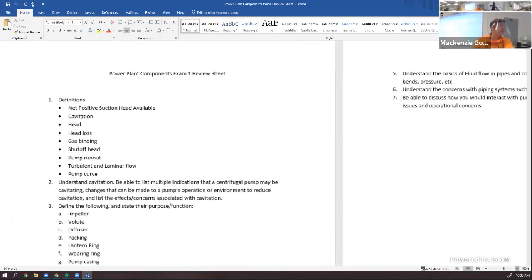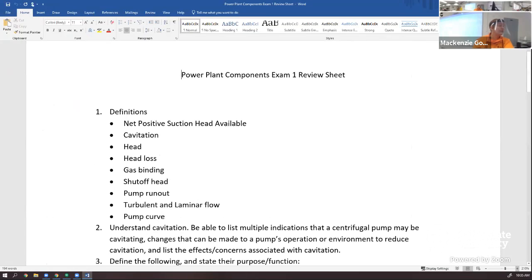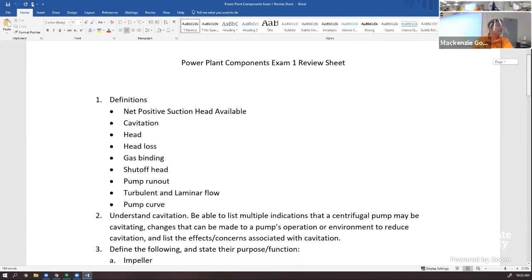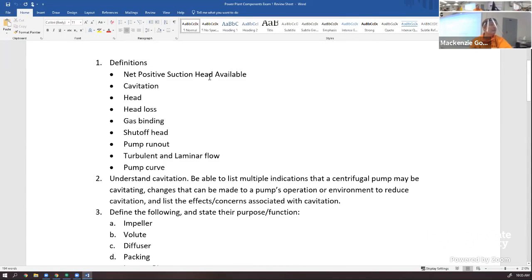Okay. So, short list of definitions, right?